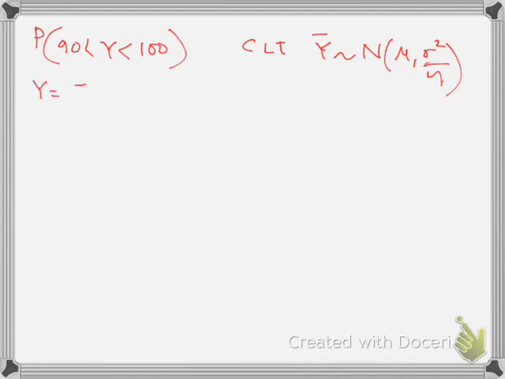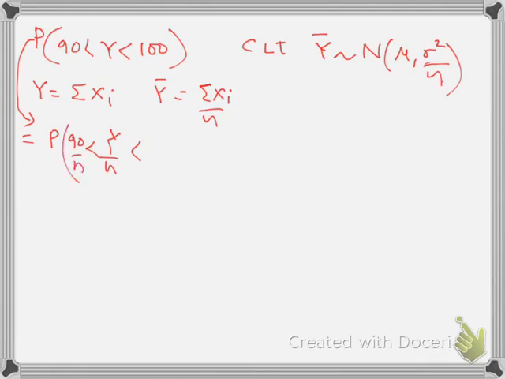See, Y is my sum of xi, so Y bar is sum xi over n. So this probability is equivalent to Y over n, 90 divided by 50, 100 divided by 50, so the probability that Y bar lies between 90 over 50 and 100 over 50.